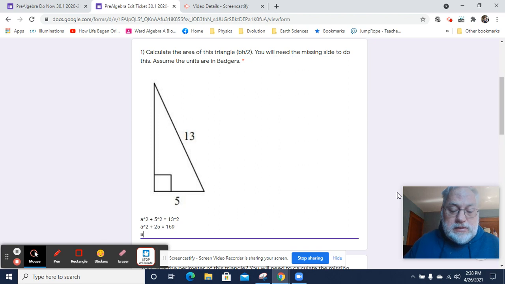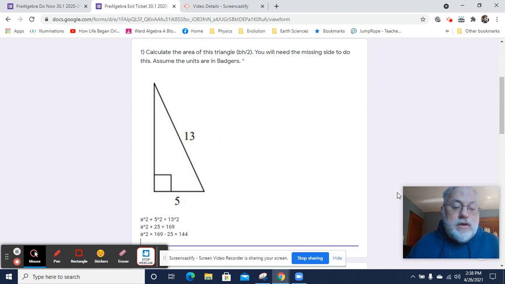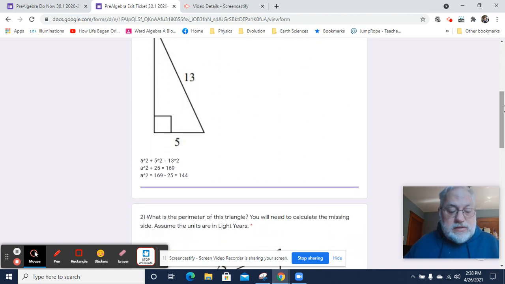And so A squared is going to equal 169 minus 25, which will be 144. If A squared is 144, we take the square root of both sides. The square root of A squared is A, and the square root of 144 equals 12.